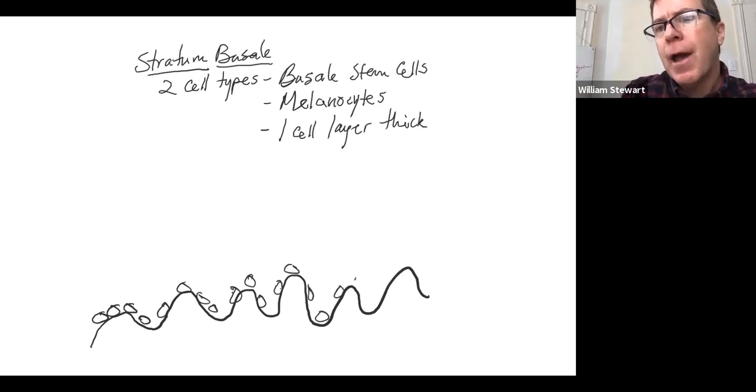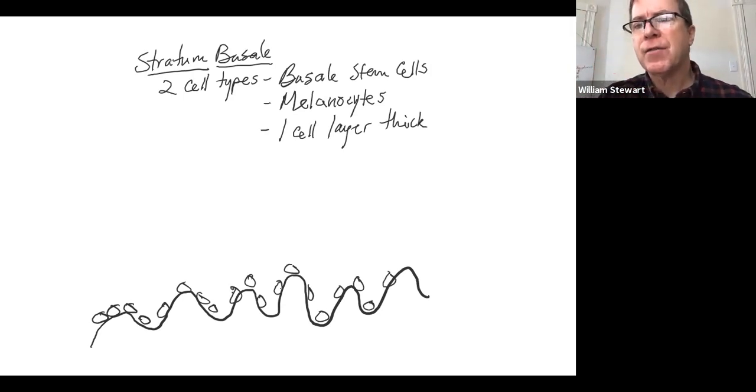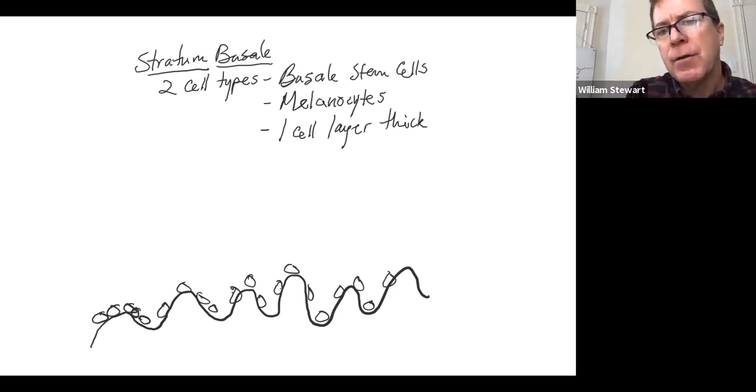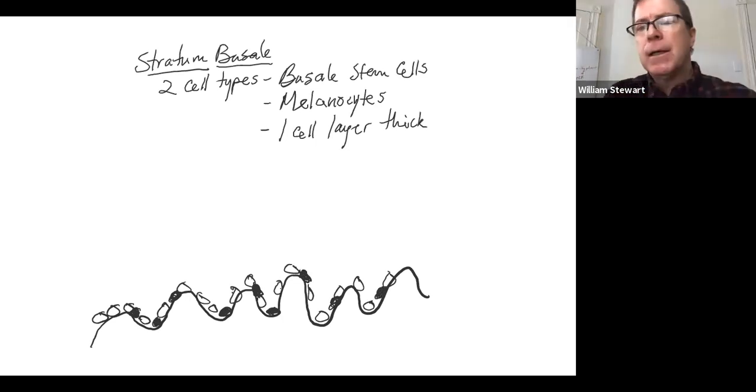And then we also have interspersed roughly 15 to 25%, so about 20% of the cells in this layer are melanocytes. And because they secrete a dark pigment, I'm going to color those in. So the white cells represent basal stem cells, and the dark cells represent the melanocytes.